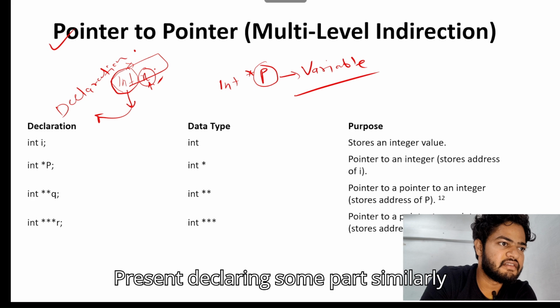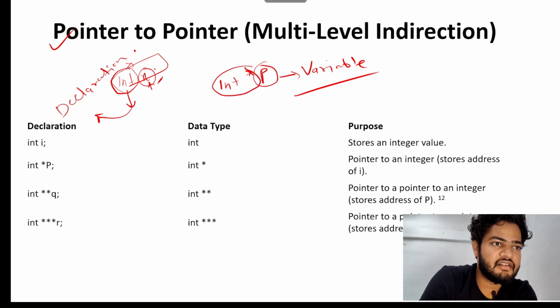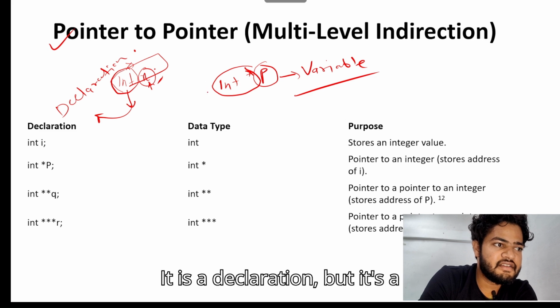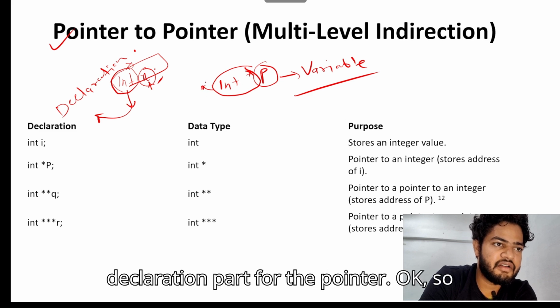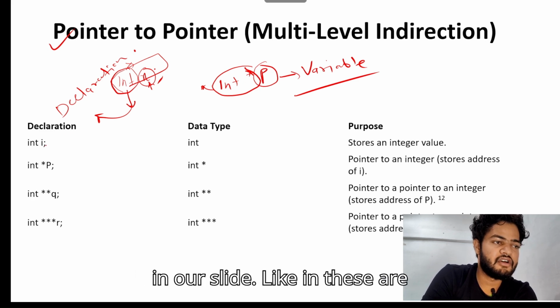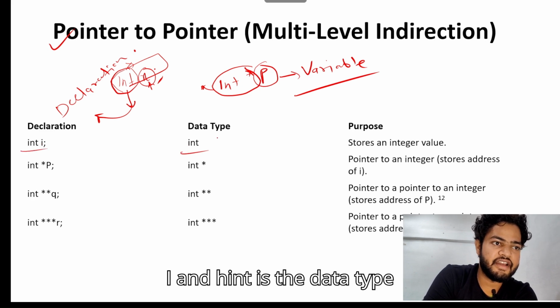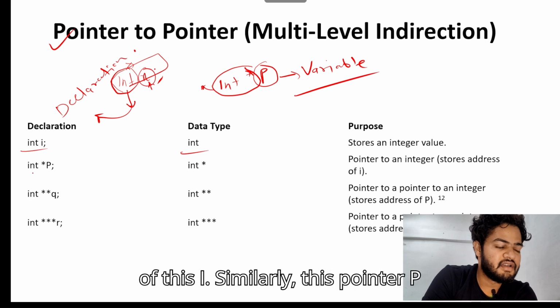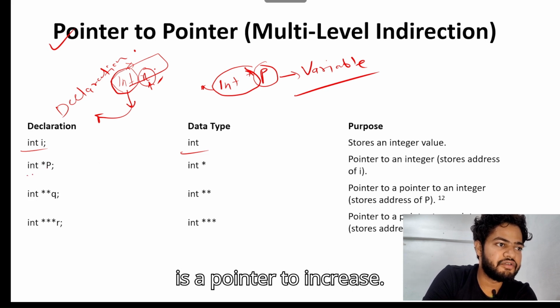Similarly, this integer star is a declaration part for the pointer. I also mention all of these things in our slide, like integer i and the integer data type of this i. Similarly, this pointer p is a pointer to integer.